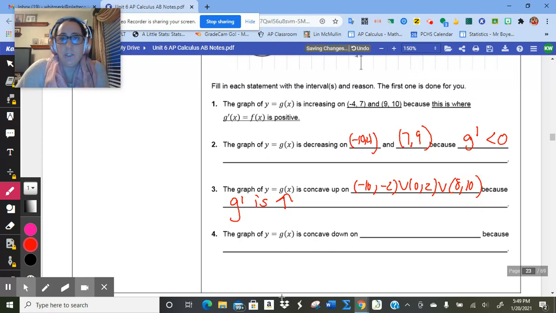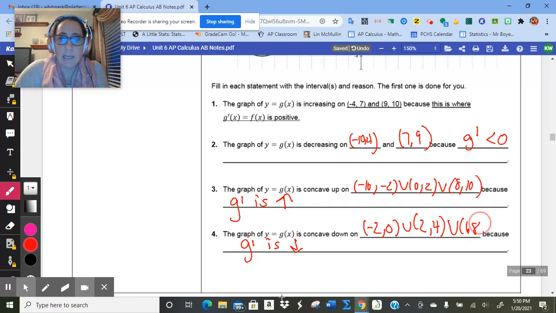Here it says G is concave down. Well, G would be concave down when G prime is decreasing. And I got 3 intervals again for that. -2 to 0, 2 to 4, and 6 to 8.